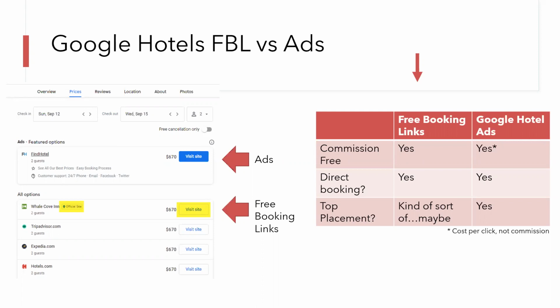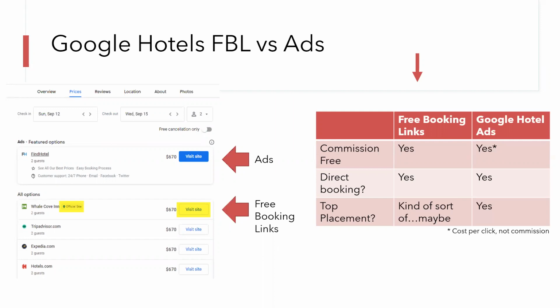You'll see the visual on the left-hand side. I just did a quick search and snapped a screenshot. The top portion clearly says ads, so Find Hotel has placed an ad on this particular search and their site appears on top. But when you have Google Hotels integration set up, the very first thing on the free booking links will be the official site.